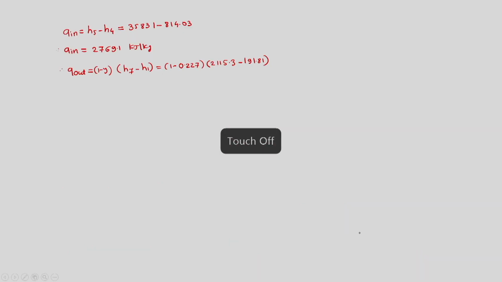This H7 is used to find Q out, and we get Q out to be 1486.9 kilojoule per kg.